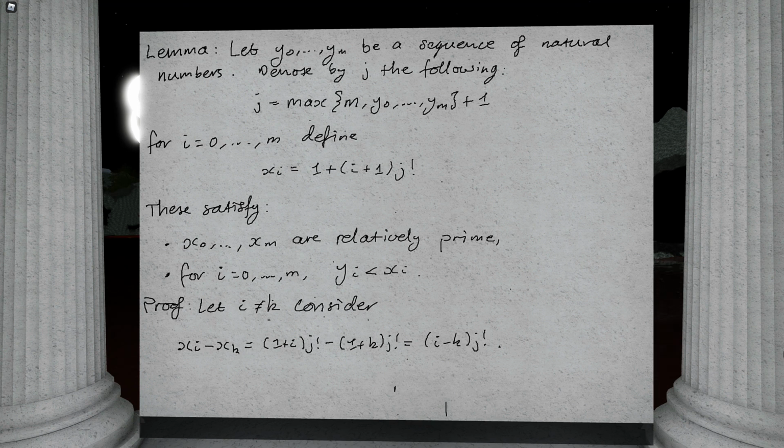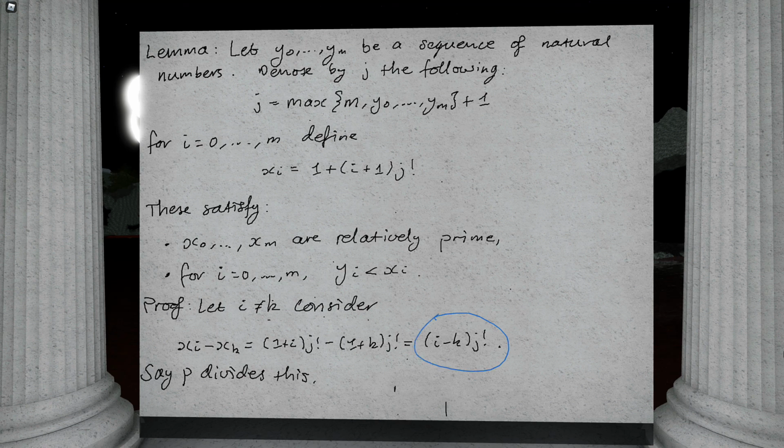Now say there was a common divisor p of xi and xk, so p divides this.